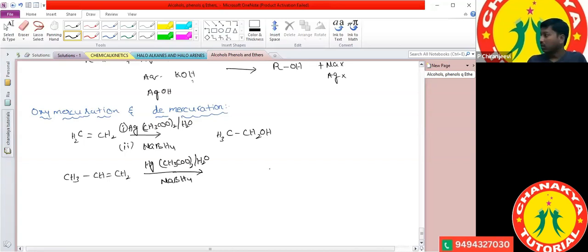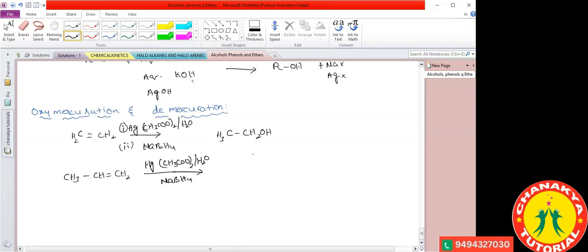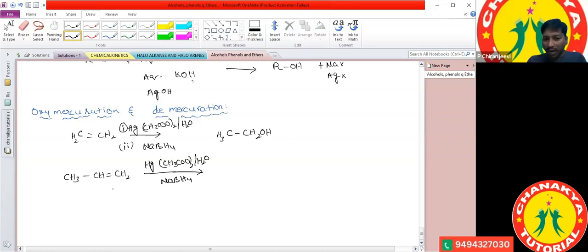Any guess? Sir, it will form at the second carbon. Okay, the OH group is going to be attached to the second carbon atom.